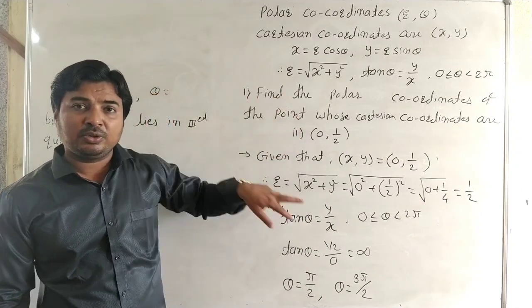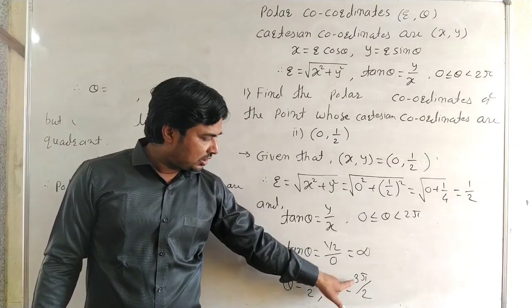When the point lies on the negative y axis, then theta is 3 pi by 2.